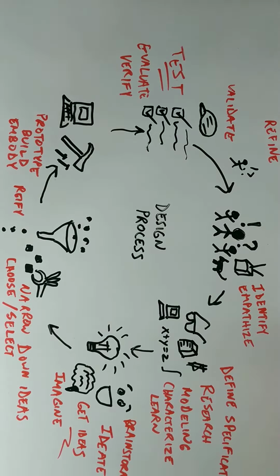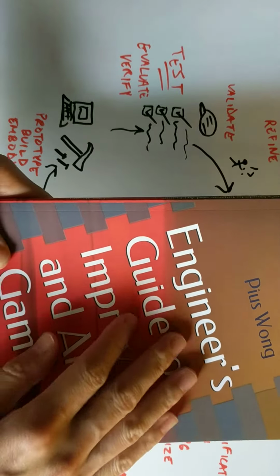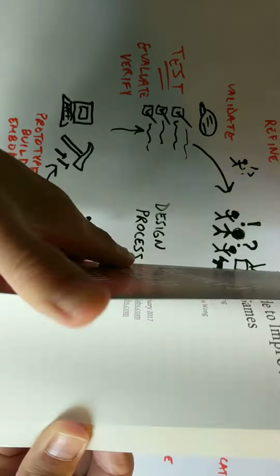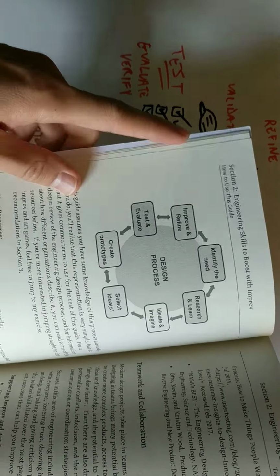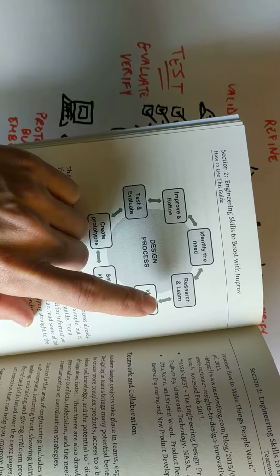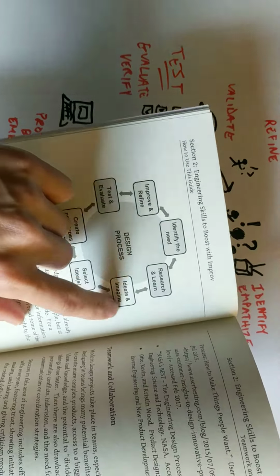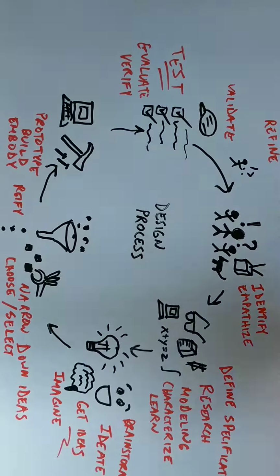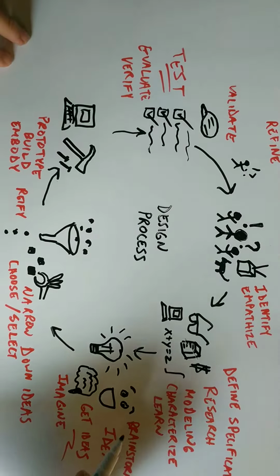So going back to this book that I was talking about in the beginning, this is all about playing fun games and exercises to help you at each step in this design process. But in particular, the first reaction that you might have is improv can help you with this ideate and imagine step right here when you're having a whole lot of fun.